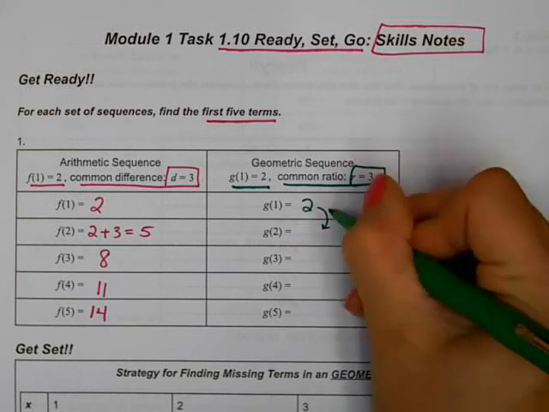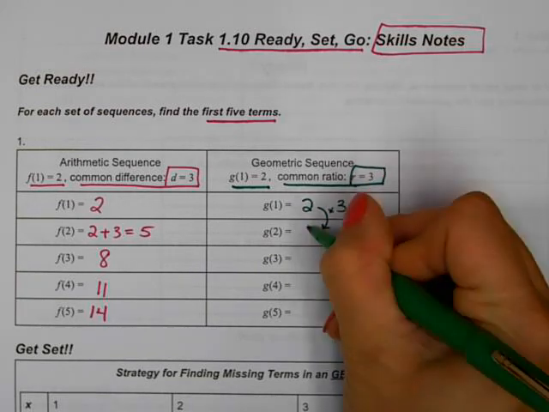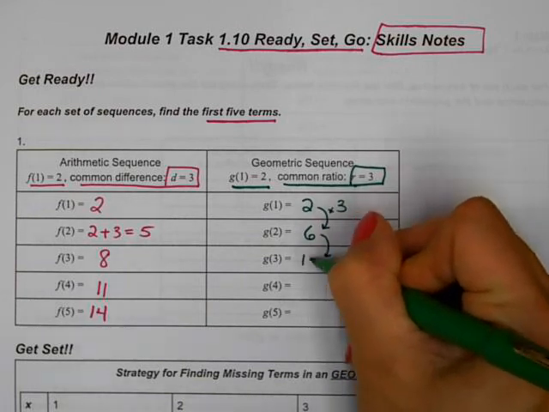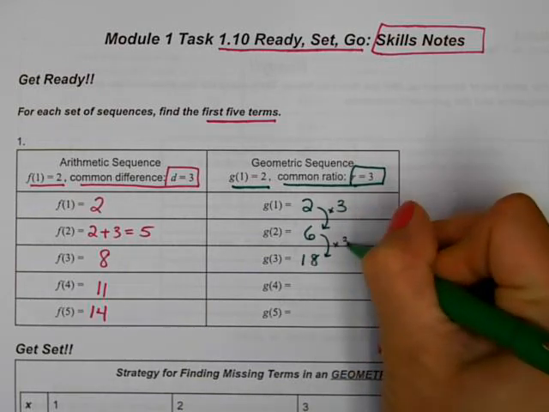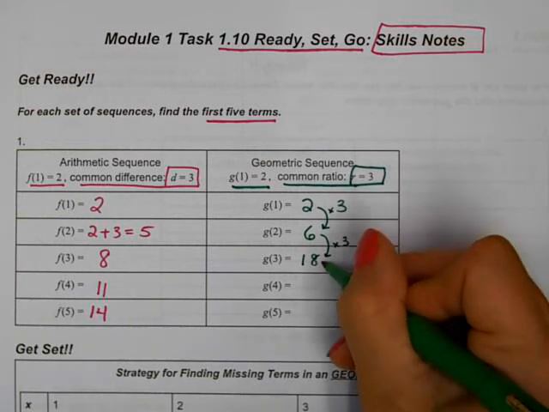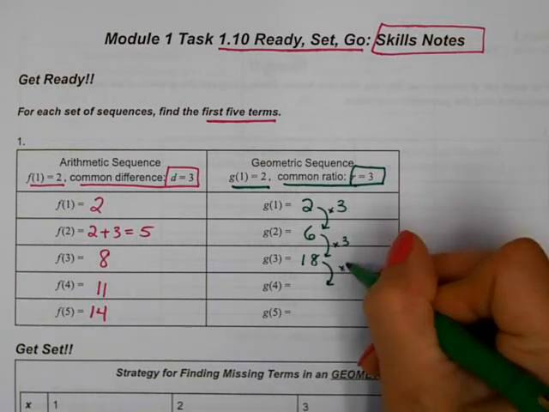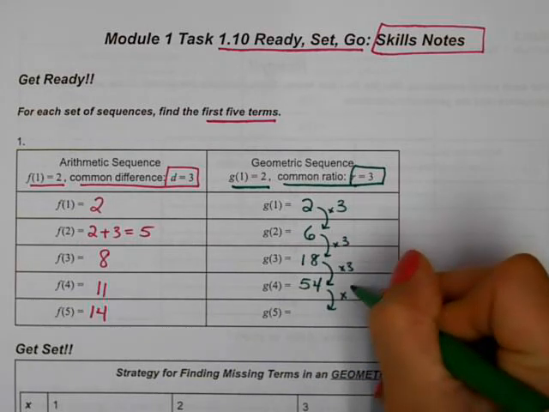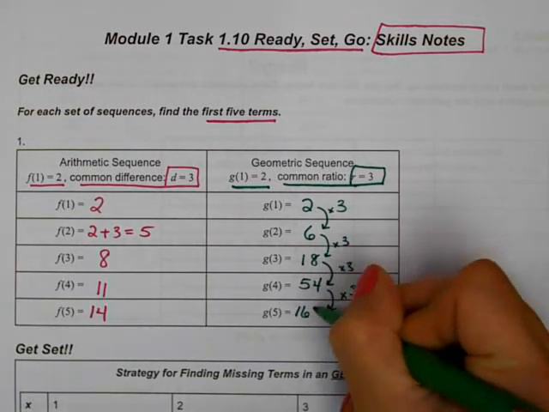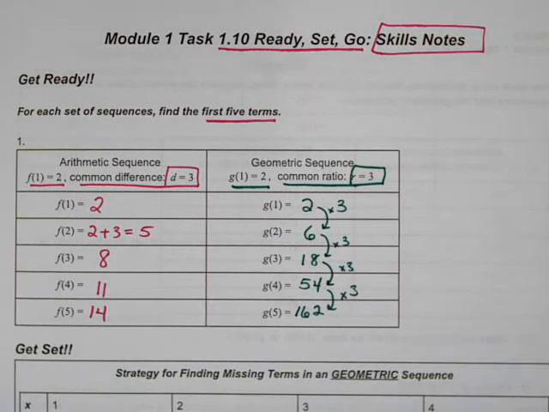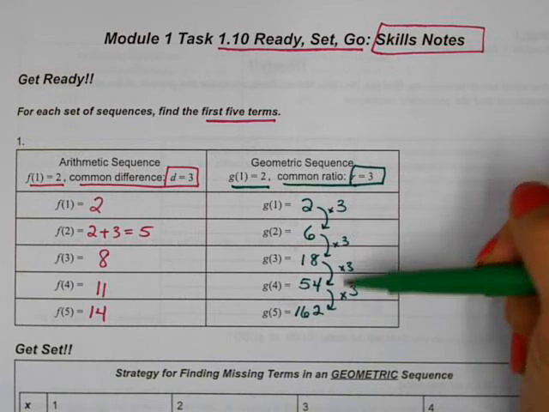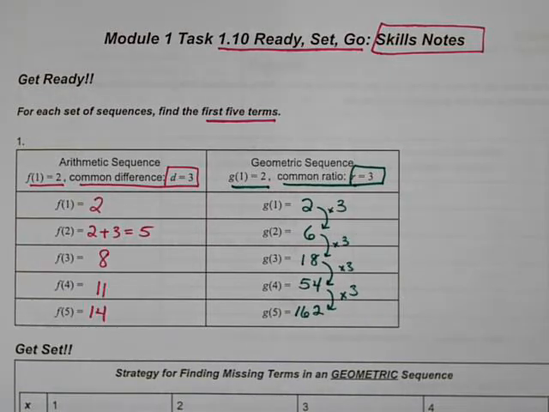We're going to multiply by 3 to get 6, times by 3 to get 18. It has to be the same consistent number that you multiply by. Times by 3, 54. Times by 3, 162. If the numbers were getting smaller, we wouldn't say divide, divide, divide. We would say multiply by 1/3.